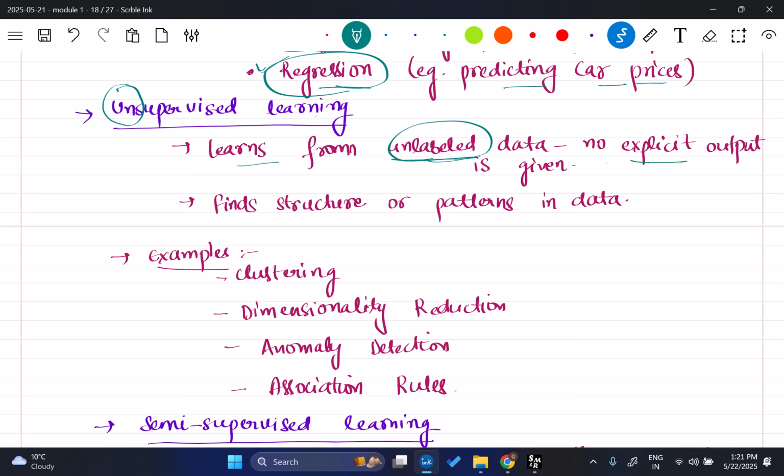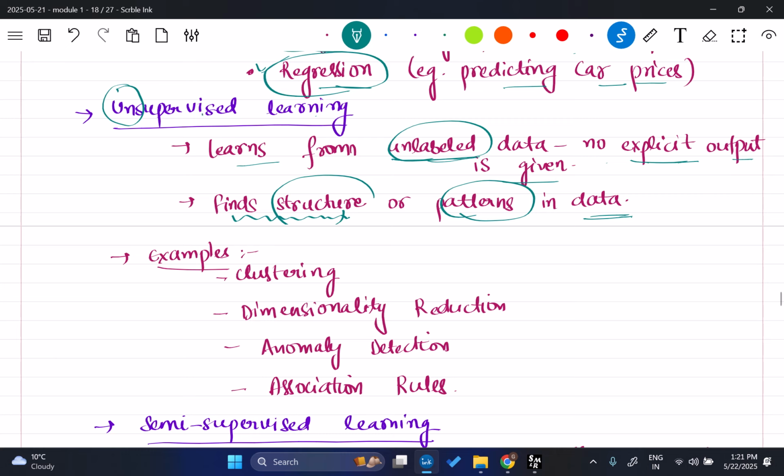That means no explicit output is given to you. We don't have that output with us, which we can provide to the ML models for learning. So the ML model needs to find the structure, or we also call some patterns, in the input data on its own without any correct output labels.